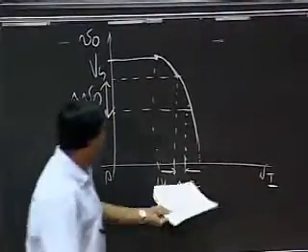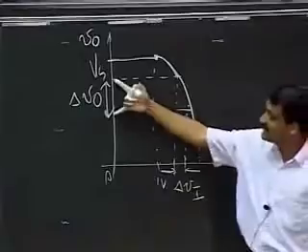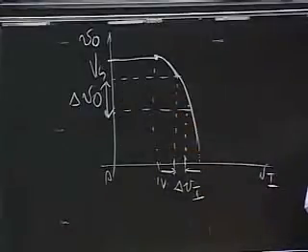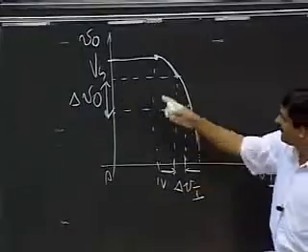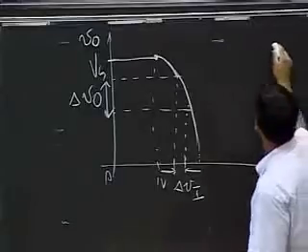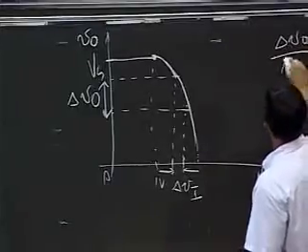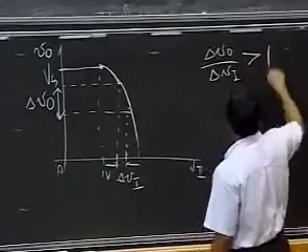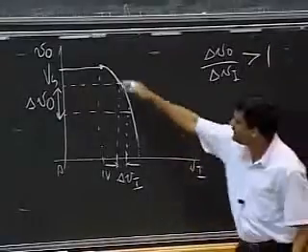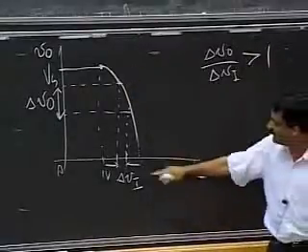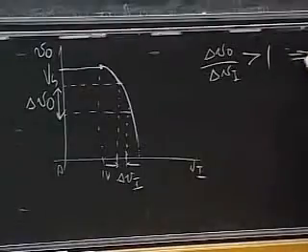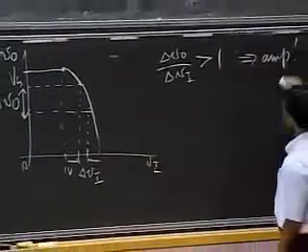And guess what? At least the way I have drawn it, if I can find regions of the curve where delta V0 divided by delta Vi is greater than 1, then I have amplification.